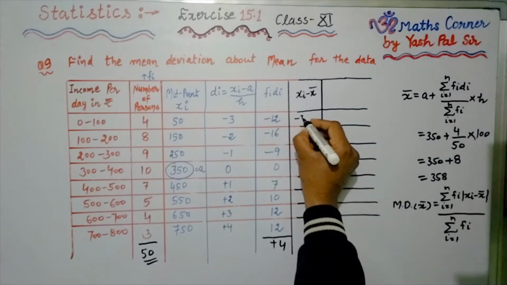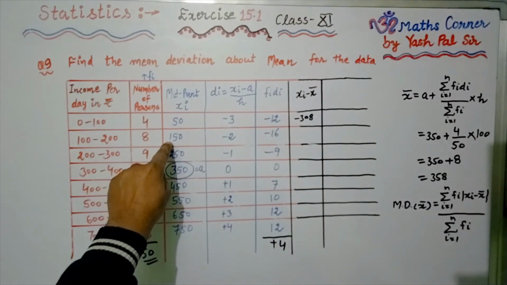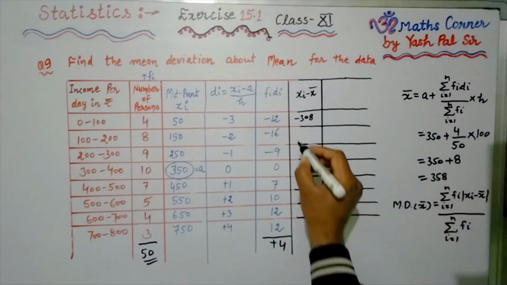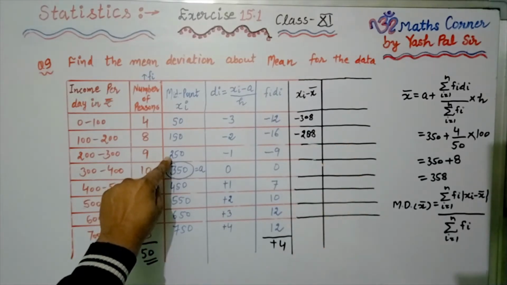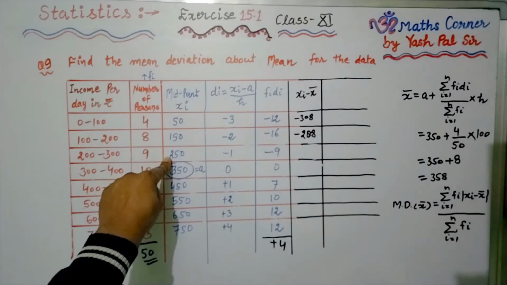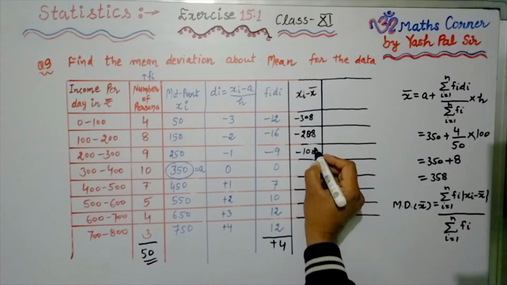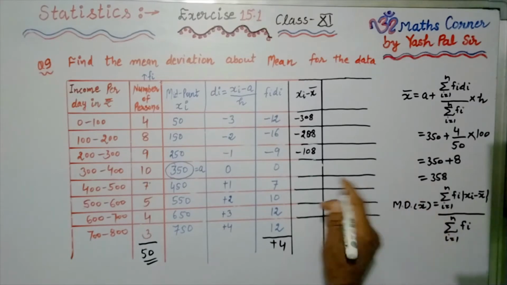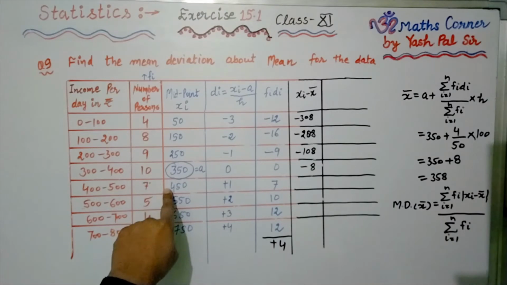Minus 308. Right? Likewise 150 minus 358, this is minus 208. Next 250 minus 358, this becomes minus 108. 350 minus 358, which is equal to minus 8.